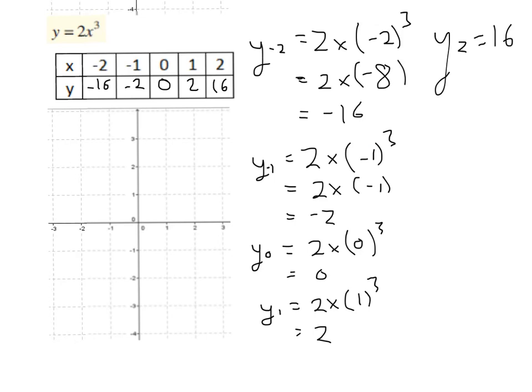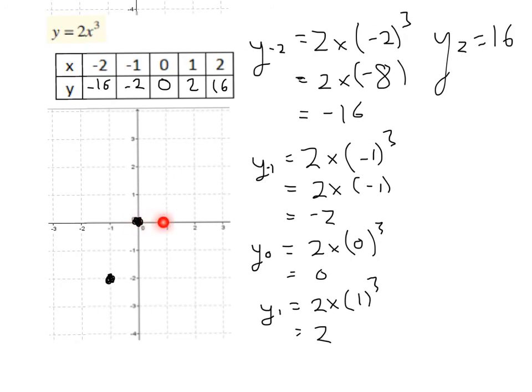Now guys, you can probably tell already I've got a problem. The graph won't fit on the paper. So what I'm going to do is I'm just going to plot the points as best I can to try and give you a feeling for what it looks like. So I've plotted my first pair, minus 1, minus 2, so back 1, down 2. The origin's already filled in.